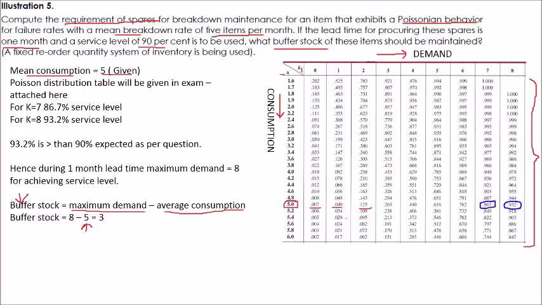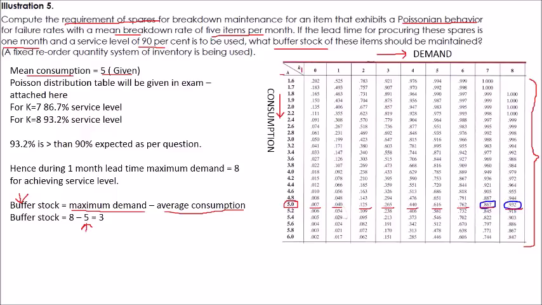So when I have demand as 3, it is 26.5 percentage service level, then 44 percentage, 61 percentage, 76 percentage, and I get 86.7 percentage service level and 93.2 percentage service level.